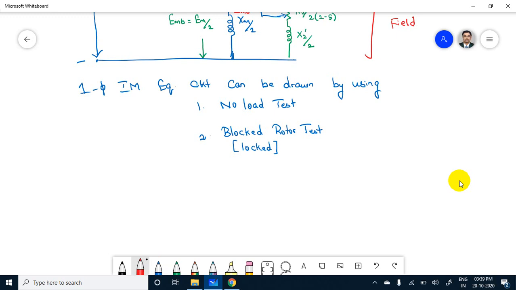The slip value for no load test: S equal to 0.